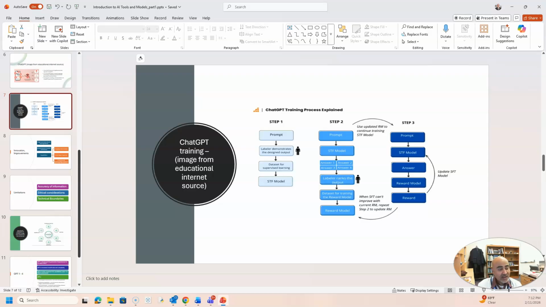You can ask ChatGPT to create a story or write a poem, and ChatGPT would come back with several versions of that. Human reviewers can then rank these based on creativity, coherence, and adherence to the instructions that you have added.